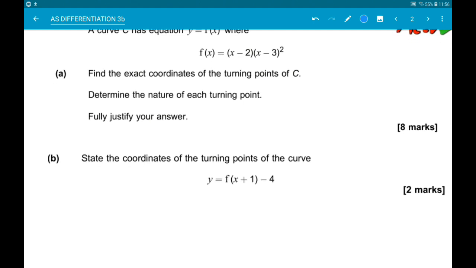Okay, 8 marks. So the first thing we are going to need to do is expand the brackets. So, part A. F of x then, we can write as x minus 2 times x squared minus 6x add 9.